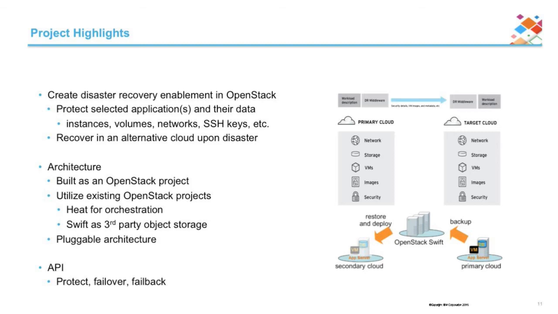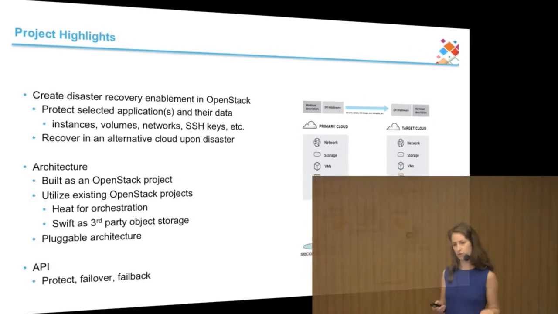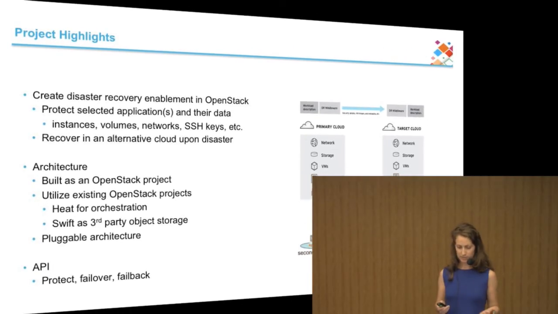And the data, which is volume data, images data. We need the metadata to recreate the workload, and we need the data to actually start the workload from where we stopped, from the same state.